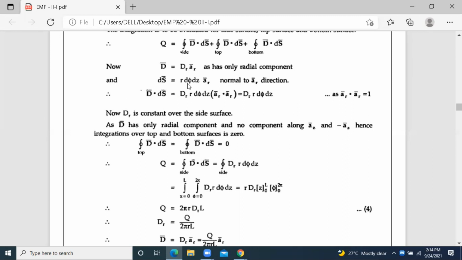What's the area of the side of a cylinder? The side, sir. I mean the circumference, the area of that circumference. Should be 2πr times h.